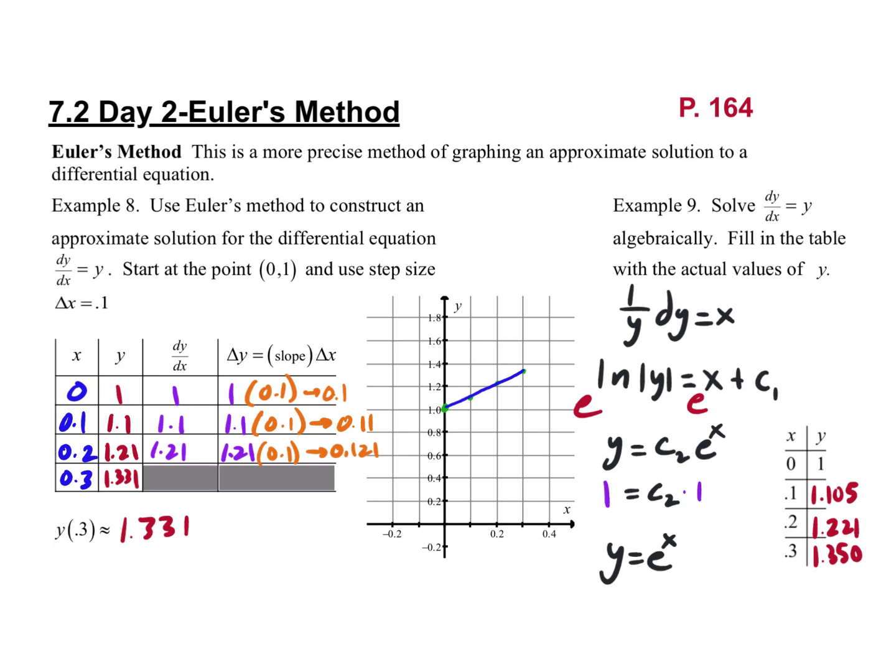So I mean, this is pretty accurate, right? It's pretty close. 1.1, 1.105, 1.21, 1.221, 1.331, 1.3. I mean, that feels pretty good, right? If we had our step size even smaller, made it go by 0.01, this would be closer to this, okay?